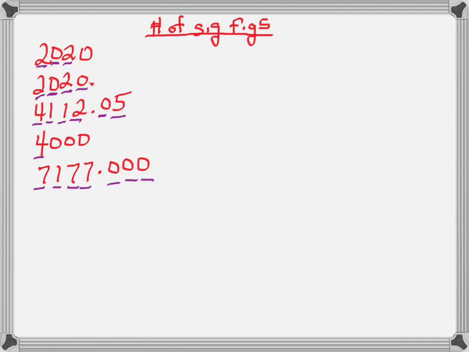The same rule applies for the fourth one down, the 0, 0, 0 that you see there next to the 4. There's no decimal point and there's no other digit there, so that stays as is. And so if we determine the number of significant figures, we have 3 in the first one, 4 in the second one, 6 in the third one, 1 in the fourth one, and 7 in the last one.